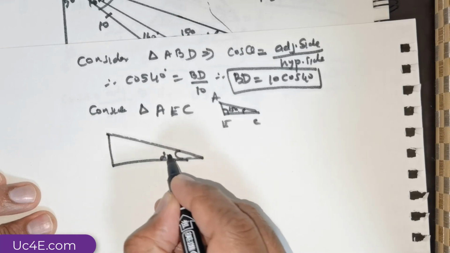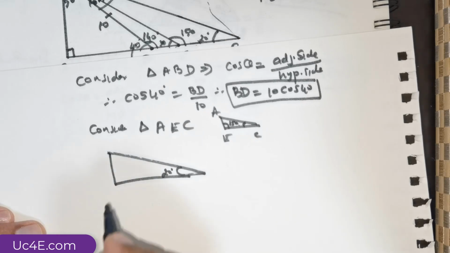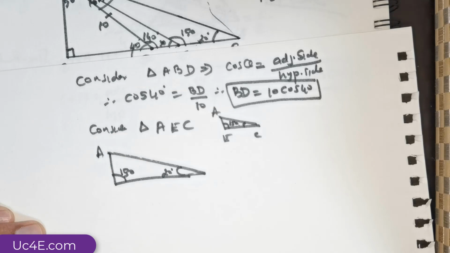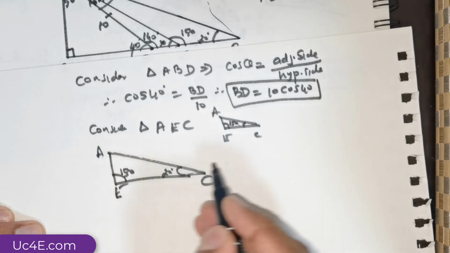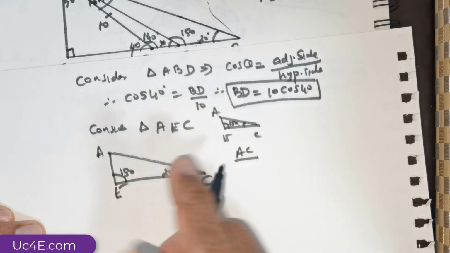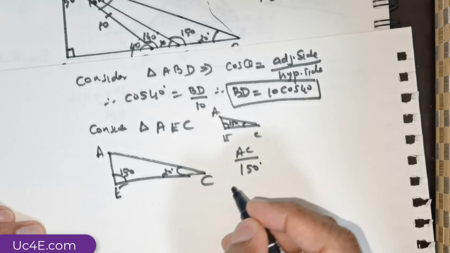So this is 20, this angle is 150, and this is A, and this is C, and this is E. So this is going to be AC divided by sine of 150. This is one part of it.